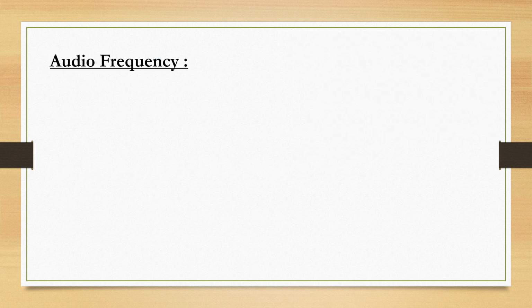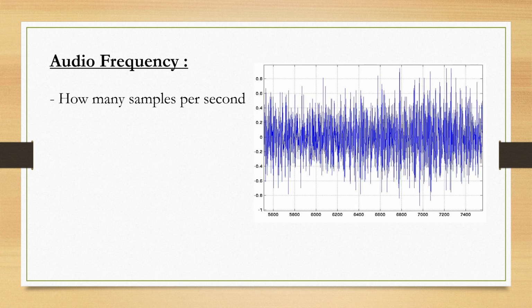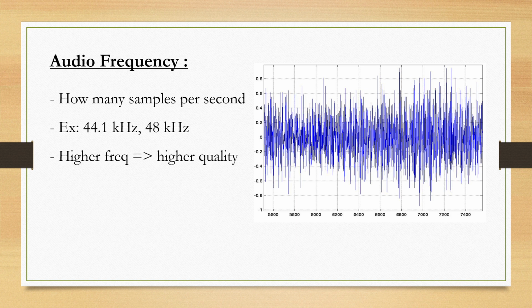Now next is audio frequency, which is how many samples per second. Here you can see the number of samples per each second is the audio frequency. Examples you can see are 44.1 kilohertz and so on. To know more about these things, you have to go through documentation and tutorials on some websites.